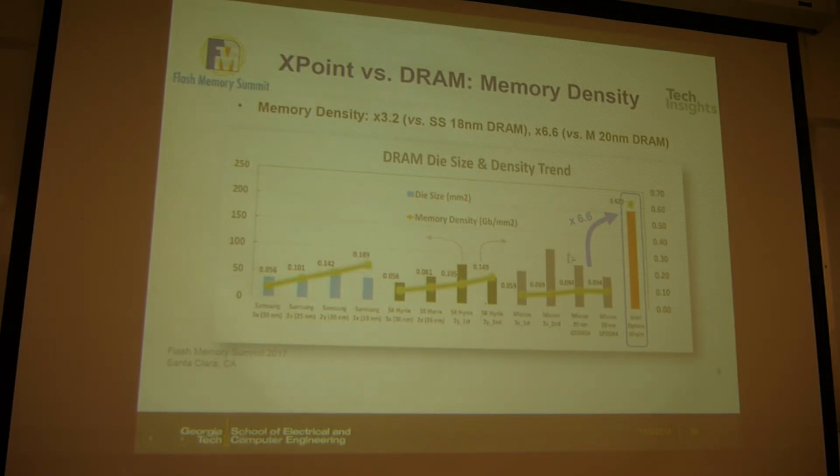Those are the densities in gigabit per millimeter square. It's like 0.1, and this 3D XPoint is like 0.6 gigabit per millimeter square. So it's much denser than the DRAM, as expected.